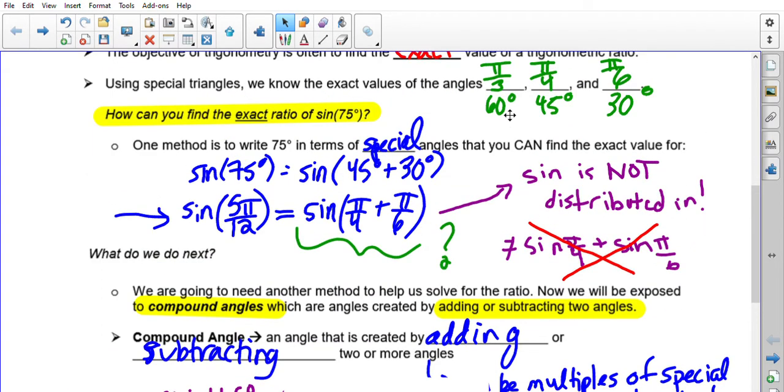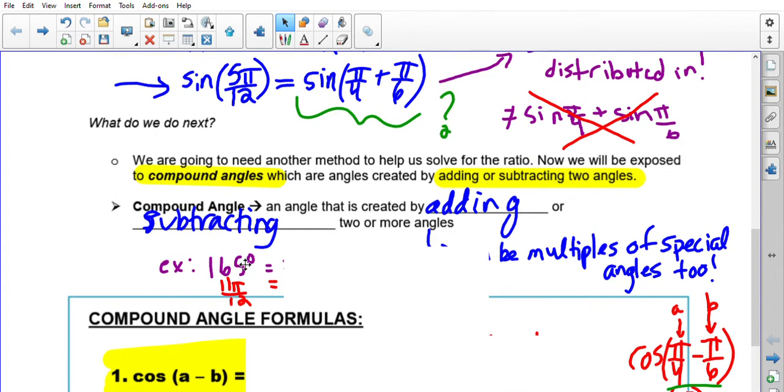For example, I can't do 60 plus 45 plus 30 and get 165. But I can write 165 as 2 times 60 degrees, so 2 sets of 60, which would give me 120, and then 120 plus 45 would give me the 165. So that's what I mean about multiples of special angles. You can do something like that.